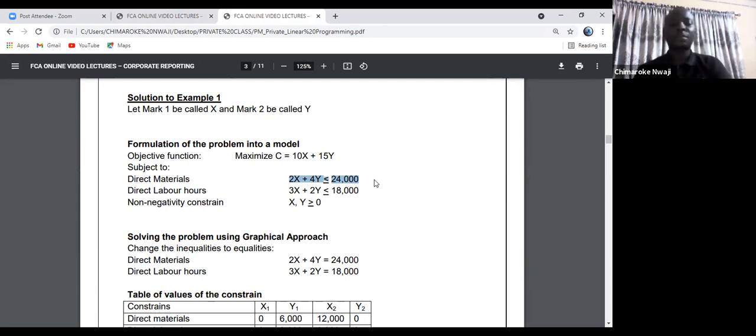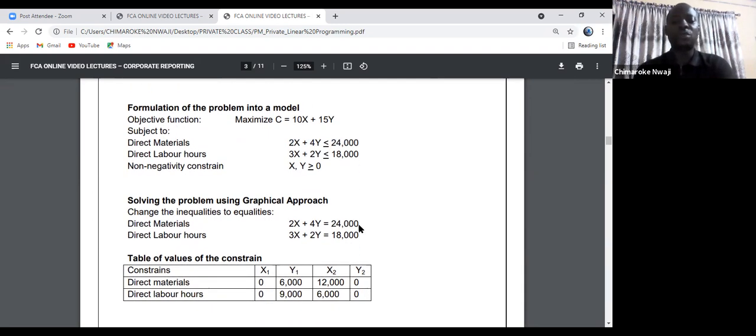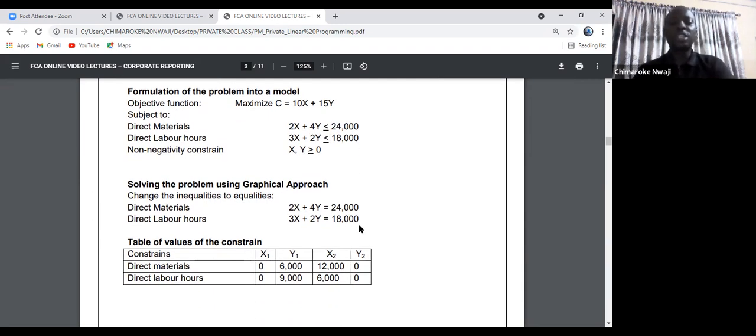Now, how do we solve the problem using the graphical approach? The first thing you have to do is to change the inequalities you use in the model to equalities. So this equation you have here, 2x plus 4y less than or equal to 24, will now change to 2x plus 4y equal to 24.